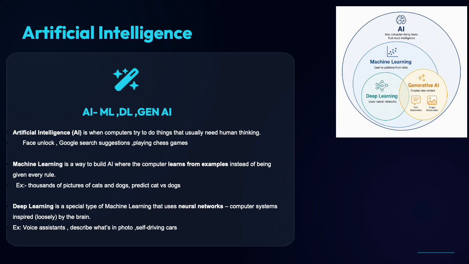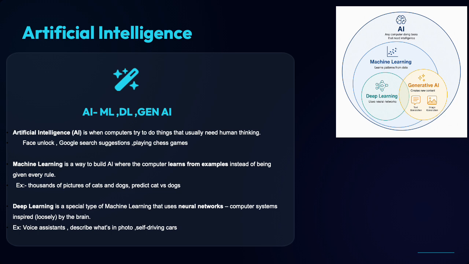So anything a computer does that a human can do can be termed as AI. For example, your smartphone's Face ID unlocking is an AI model behind it. Computers playing chess with humans, and the YouTube algorithm which suggests the next video, are all considered AI.